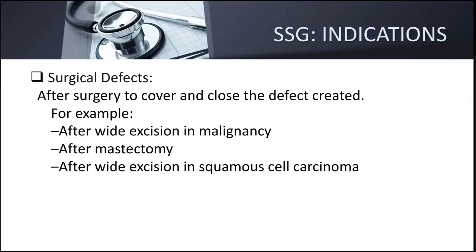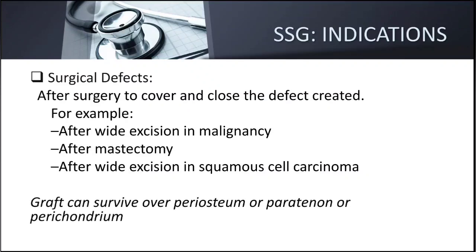For example, after a wide excision of malignancy, after mastectomy, after a wide excision in squamous cell carcinoma. This is just a point that you will find useful later. Grafts can survive over the periosteum, paratenon, and perichondrium. You understand what I'm trying to say here.